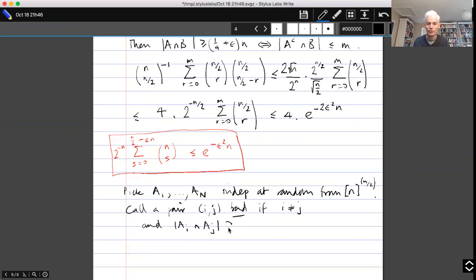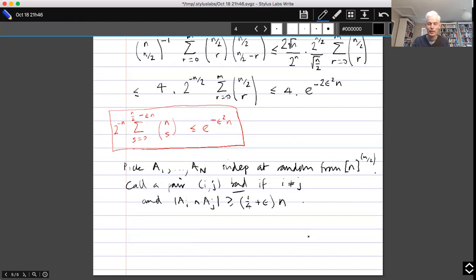Yes, is greater than or equal to a quarter plus epsilon. And it would be tragic if I got it wrong yet again. But my inequality is the wrong way around. So the probability they intersect really quite a lot more than they would do on average.